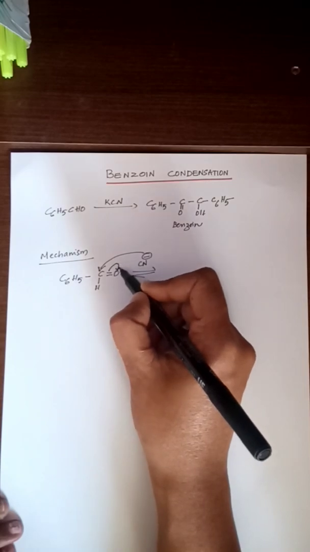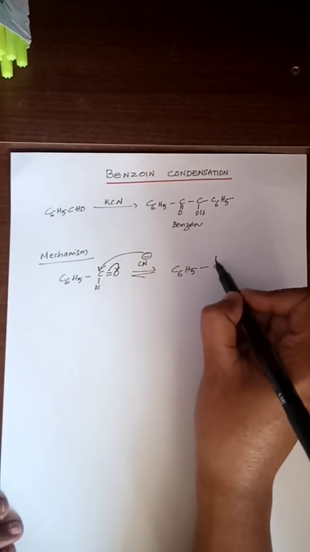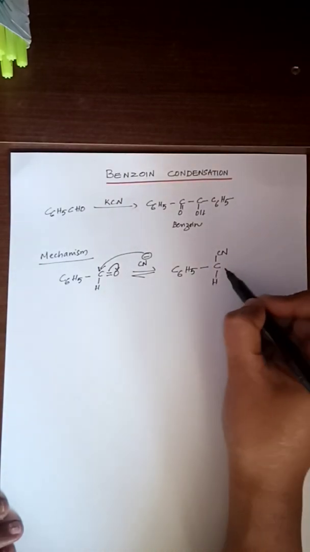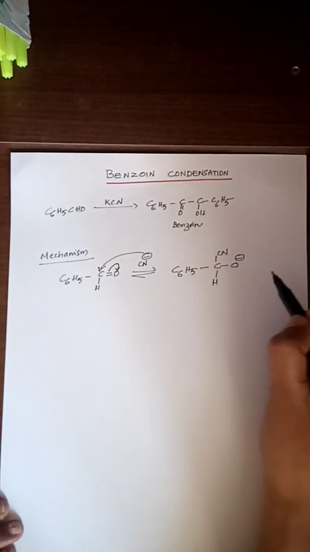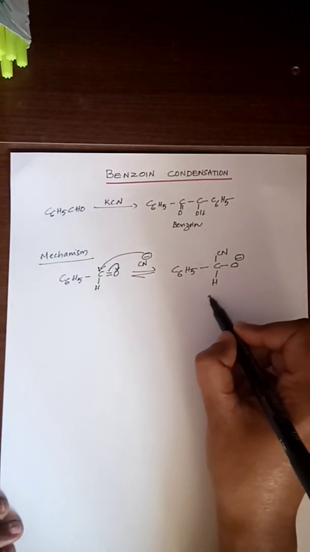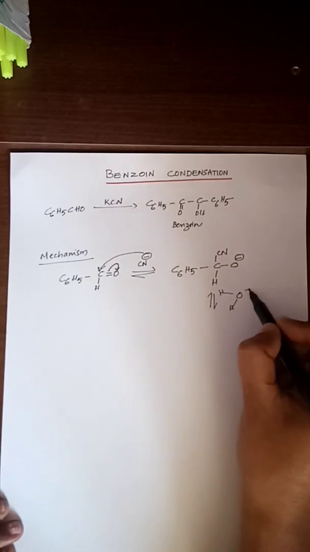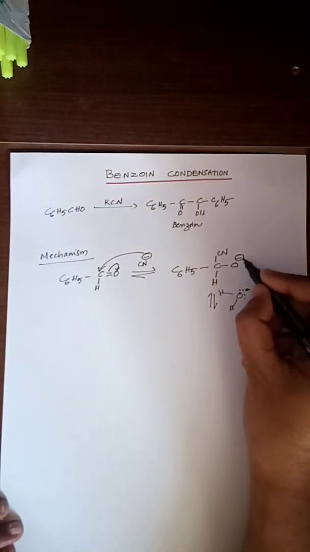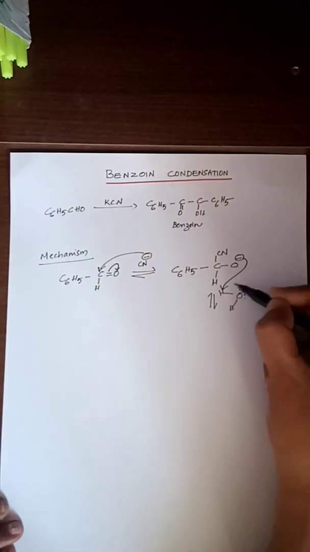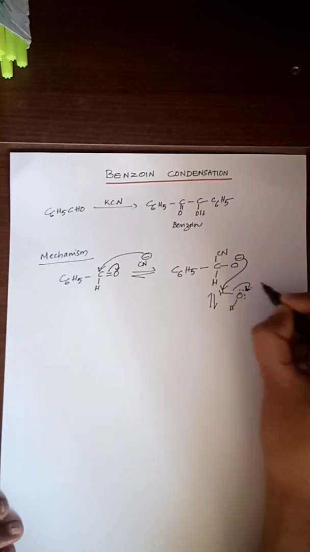Here the pi electrons will shift to oxygen, so that we get C6H5-CH(CN)-O minus. Then a proton abstraction takes place. Water has two lone pairs, so this anion will abstract a proton from water and OH minus will be eliminated.